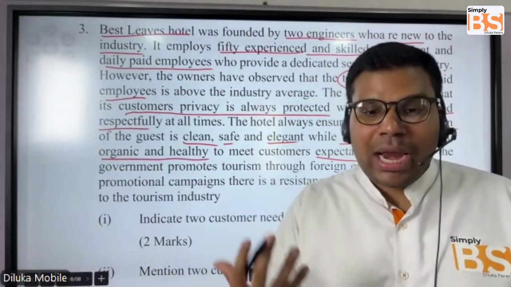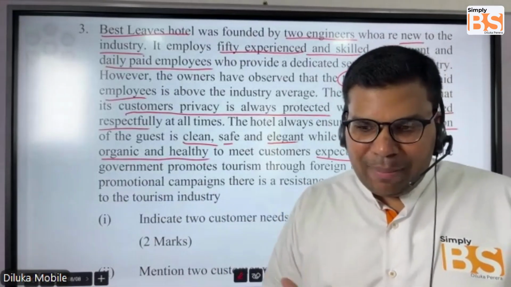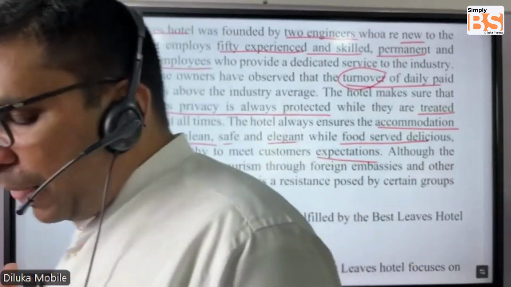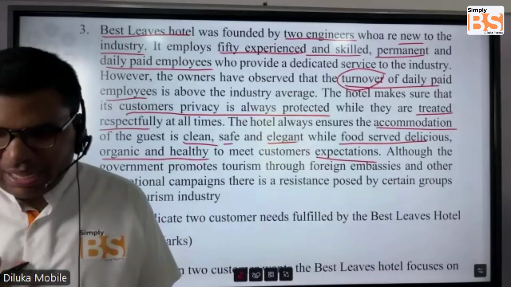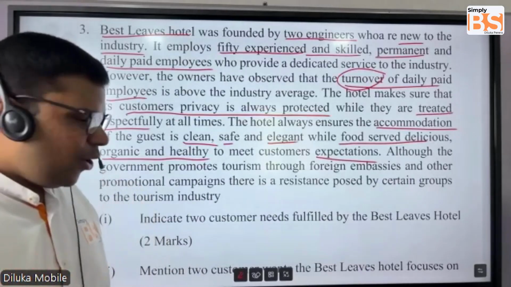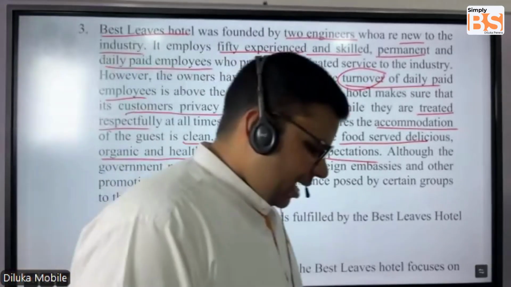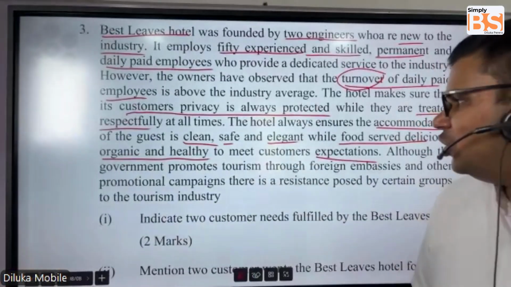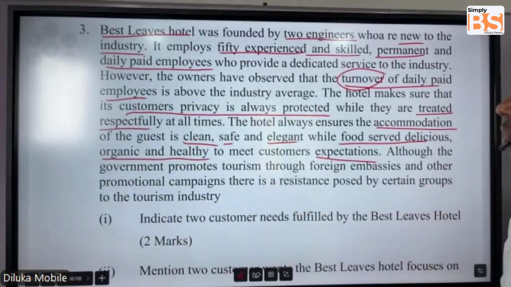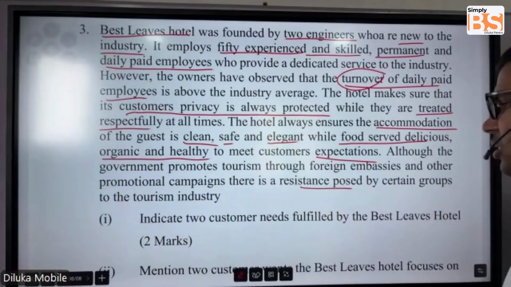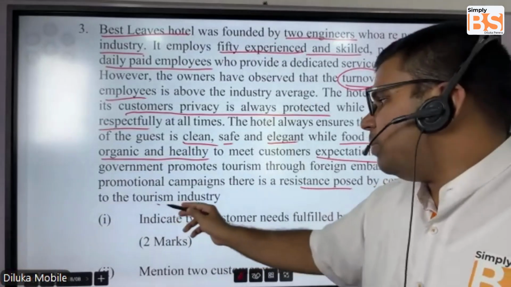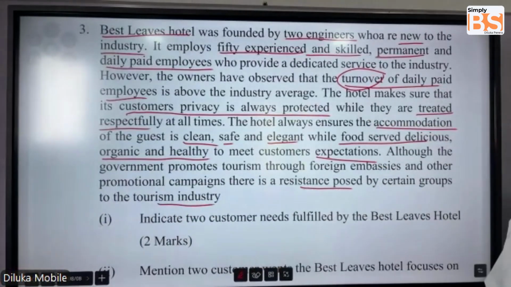Organic food, by using nutritious, healthy ingredients, because nowadays customers expect that, rather than serving junk food. Although the government promotes tourism through foreign embassies and other promotional campaigns, there is a resistance posed by certain groups to the tourism industry. So, sort of a resistance.